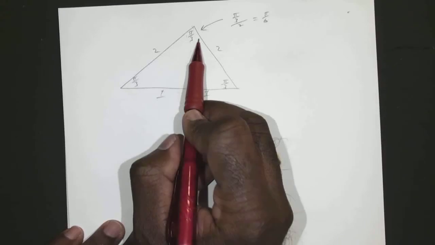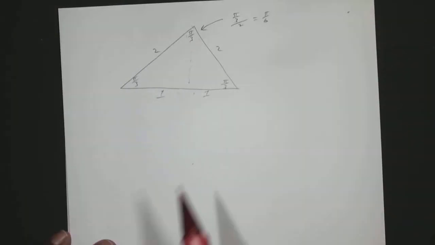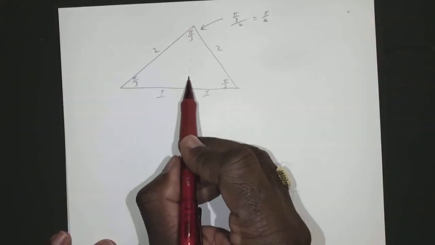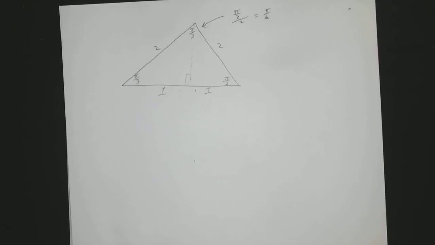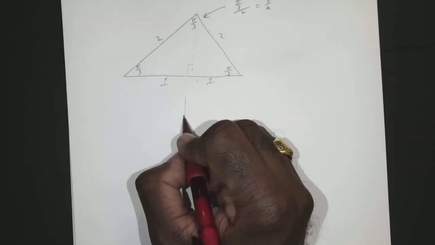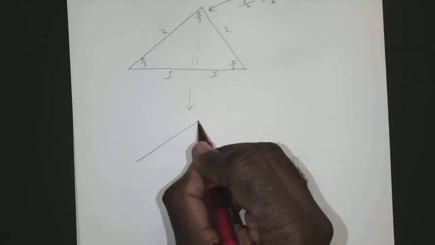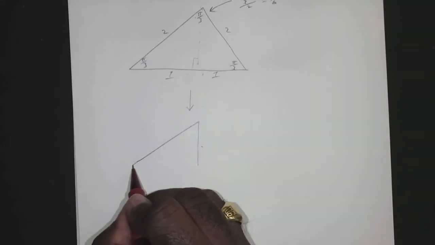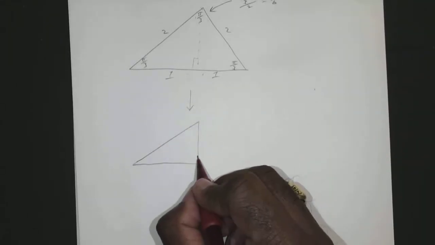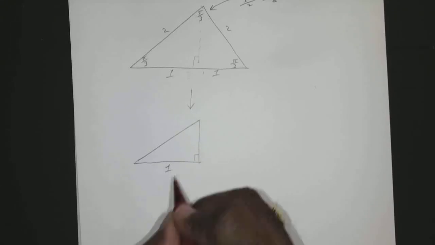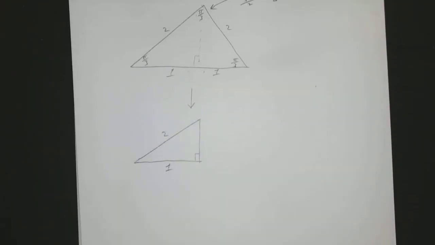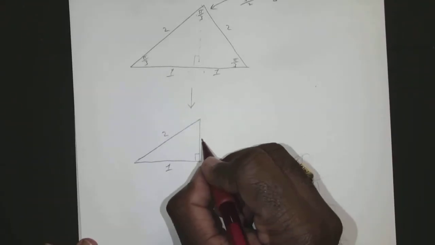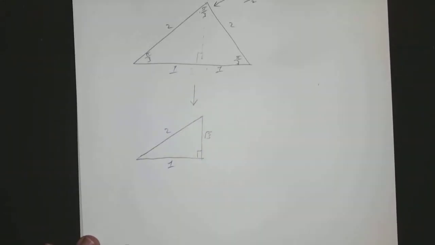So it's pi over 6 and pi over 6. So we really only need one side, because as soon as we cut it down the middle, we created a right angle. Okay, so we now have the right triangle. This is our right angle. This is 1. This is 2. And if we use the Pythagorean theorem, this would be square root of 3.